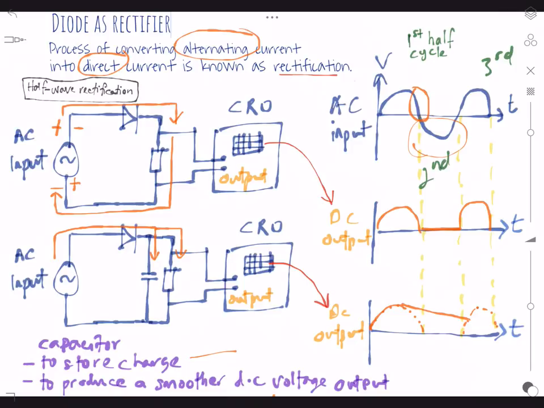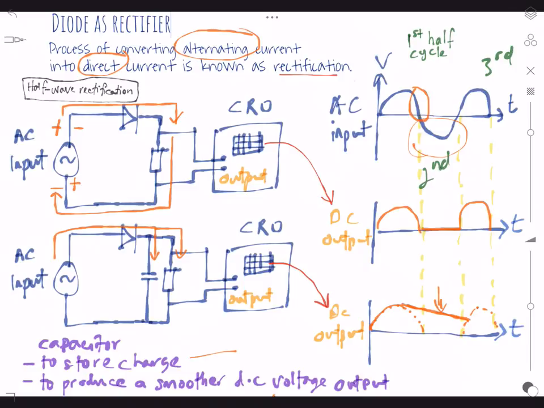Why this happens is because the capacitor stores charge, so it has a certain value of voltage, and the voltage is measured by the CRO. Here's the voltage. This voltage actually represents the voltage of the capacitor. So the output of the CRO is something like that.